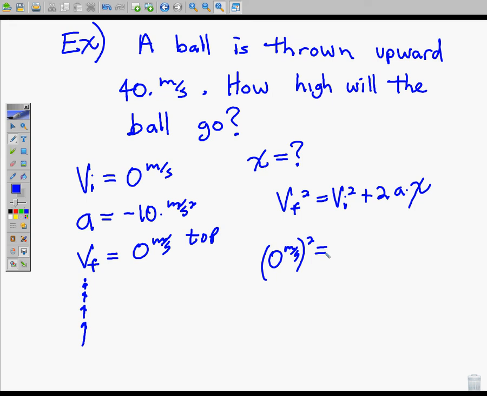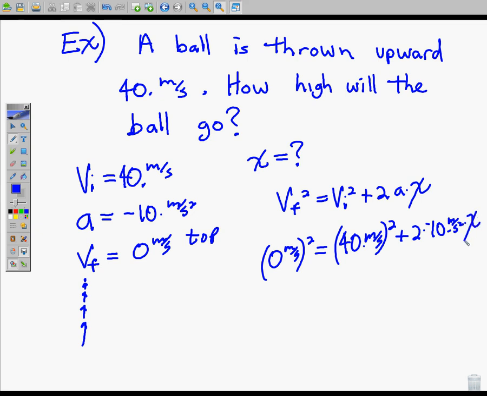The initial velocity, 40. Oh, I should have listed that here. This here should be a 40. That should be a 40 there, sorry. Initial velocity is 40. It's 2 times negative 10 meters per second squared times x.